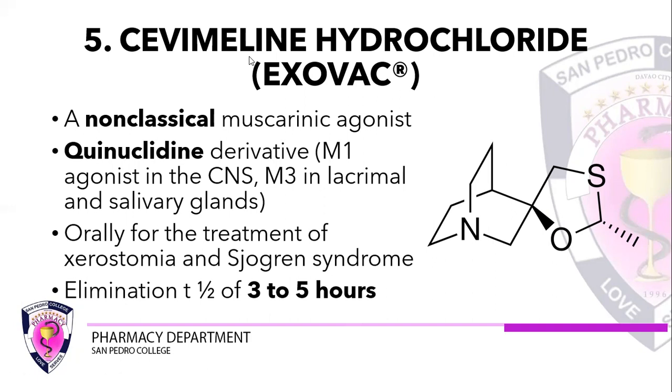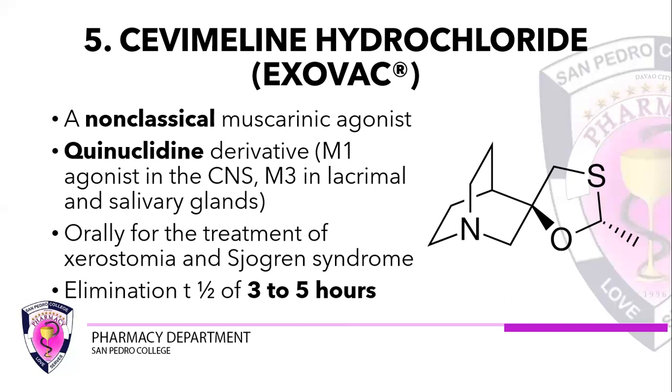Okay, so to summarize your specific muscarinic agonists, first one we have methacholine. It has specific activity at the muscarinic receptors, but is not orally administered. Carbachol is non-selective for muscarinic and nicotinic, but it is orally stable.